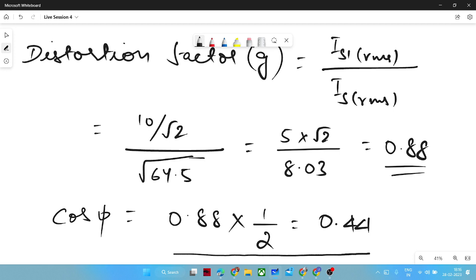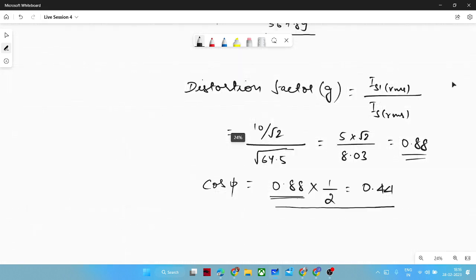In this problem, your fundamental power factor was already poor, that was half, and your distortion factor is 0.88, so you are getting 0.44. Any doubt in this problem?